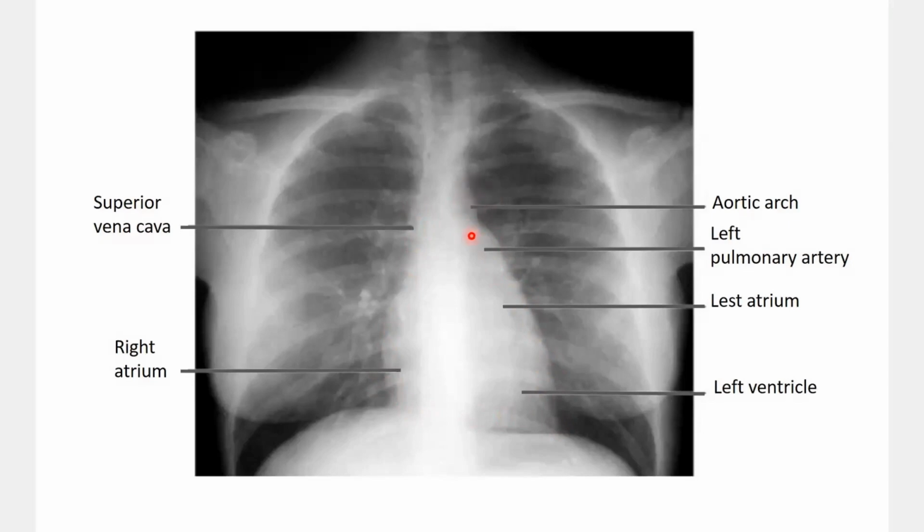So we have four structures in this margin. You should be able to identify the aortic arch, the left pulmonary artery, left atrium, and left ventricle. And on the right side, you have the right atrium mainly. You have the pulmonary vessels here and the superior vena cava.